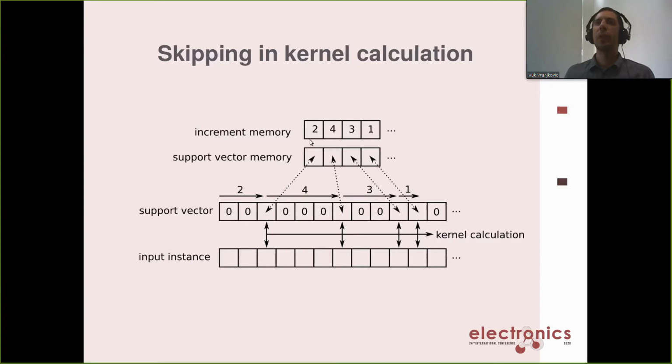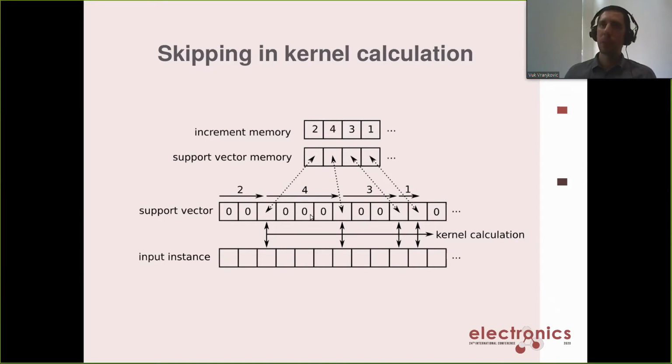For example, in this picture, increments are 2, 4, 3, 1. So only second, sixth, and so on attribute of input instance will be used for calculating dot product, and weights of support vectors will be taken in order from secondary memory.